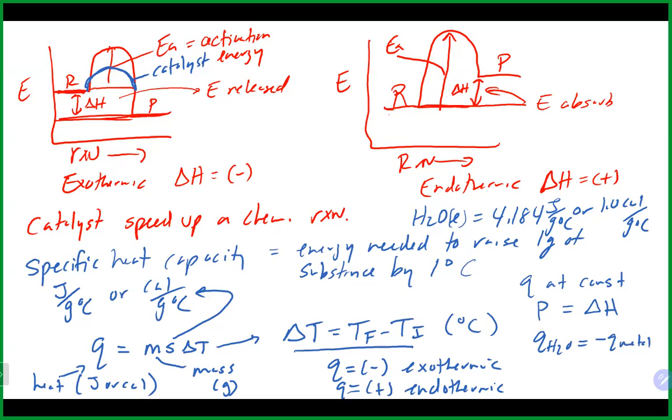So that's one way very commonly that we could just use water, follow the change in the water, and we could figure out how much energy was either absorbed by the water, which means that's how much energy was released by the reaction, or vice versa. If how much energy the water lost would be how much was absorbed by the reaction. So again, you can use it for either way, exothermic or endothermic.